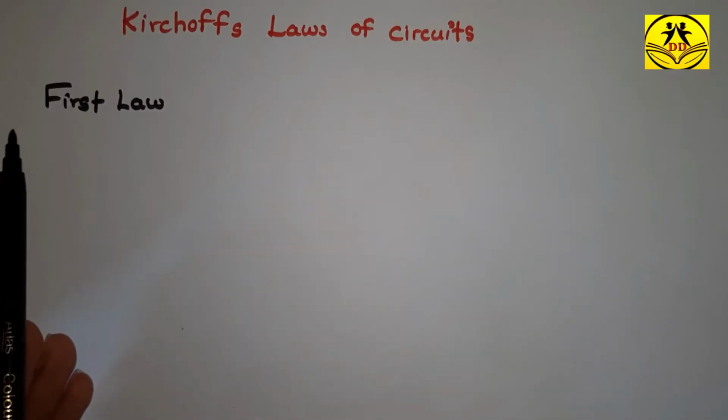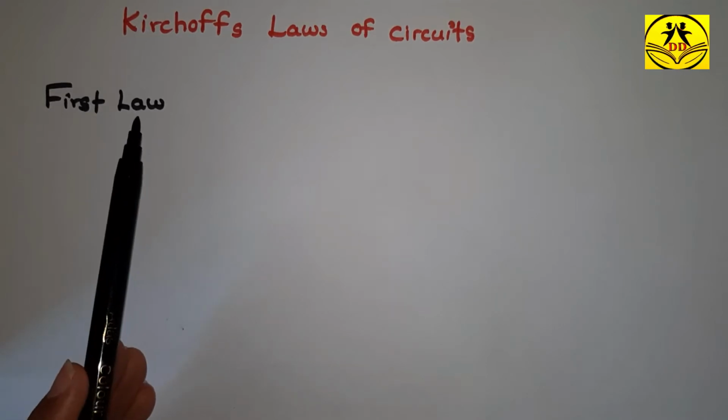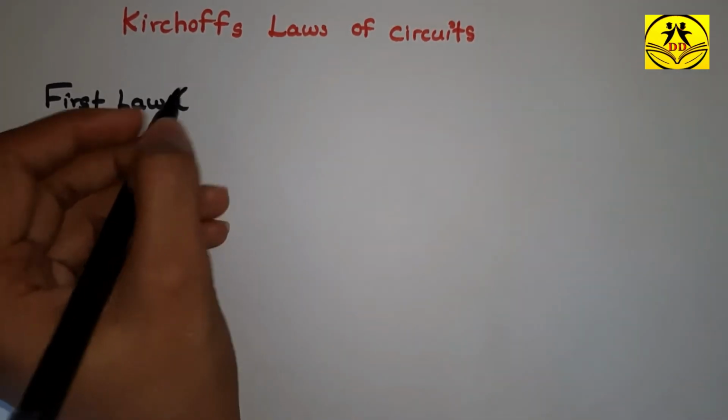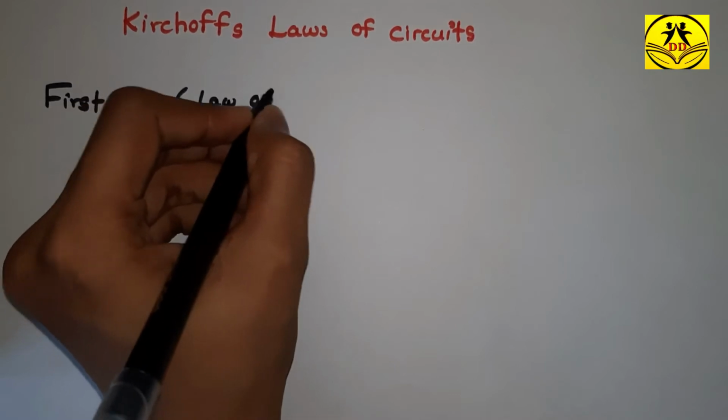When solving these kinds of complex circuits, we apply Kirchhoff's laws of circuits. There are two Kirchhoff's laws, the first law and the second law. Now let's see what Kirchhoff's first law says. It is also called the law of current.